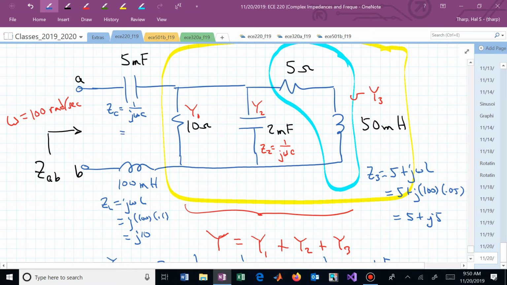And this one is minus J2. We can now put all of those together and end up with Z sub AB, the equivalent impedance looking into terminals AB. And then we could say, is it looking more inductive or looking more capacitive? In what way? We would just have to look at the sign of that reactance. We'll pick up with more analysis in the frequency domain tomorrow.